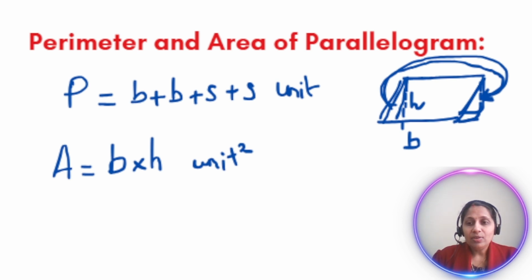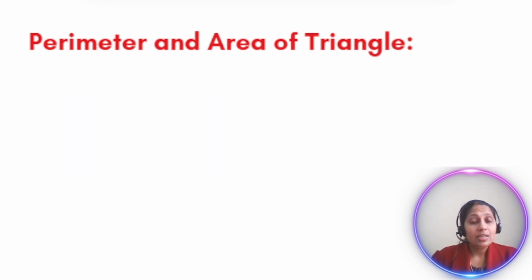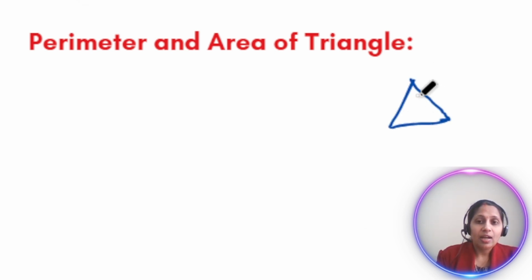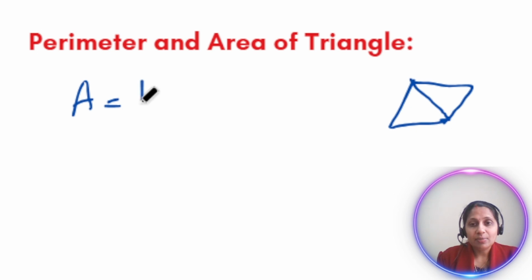Okay. Now coming to the next one, which is triangle. If you take a triangle and take a similar triangle, just copy paste the same triangle and put it over here, you get a parallelogram, right? So area of a triangle is nothing but half of your parallelogram, which is BH. Unit square.